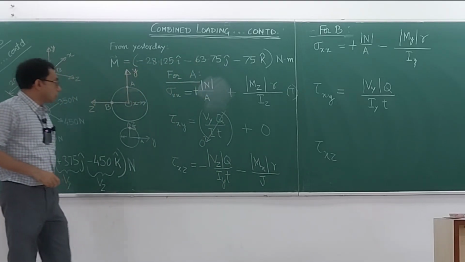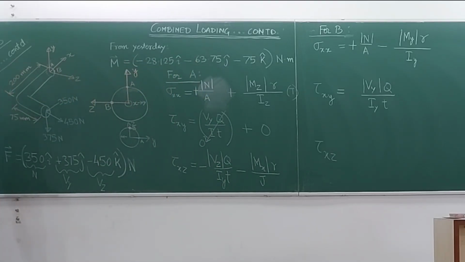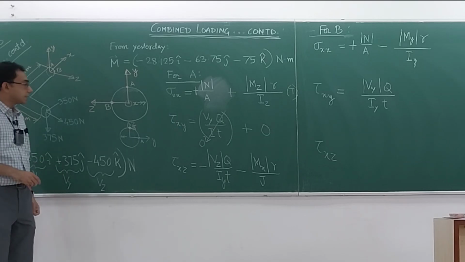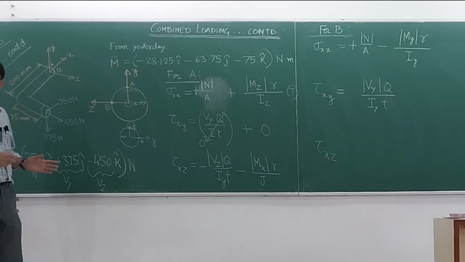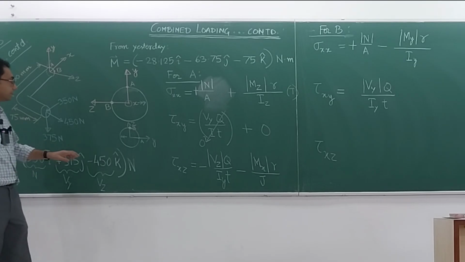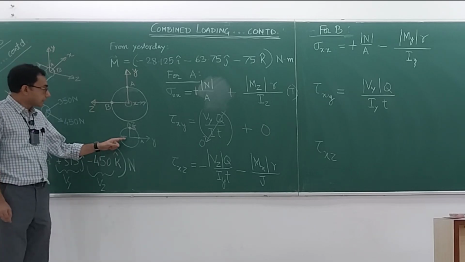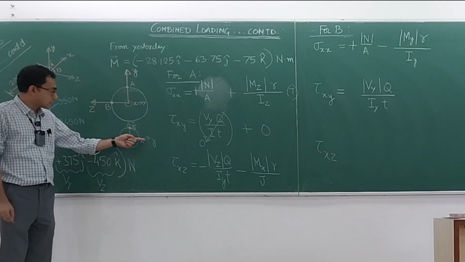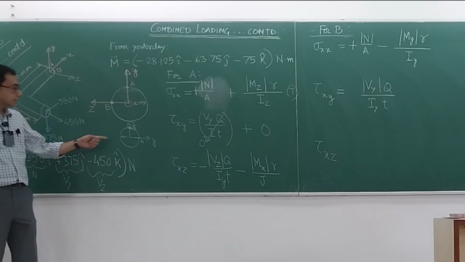Okay. What is the Vy? Vy is here. Okay, plus 375. Plus 375, so don't jump to conclusion just because it is plus. Check for yourself explicitly. So Vy, it is like this.